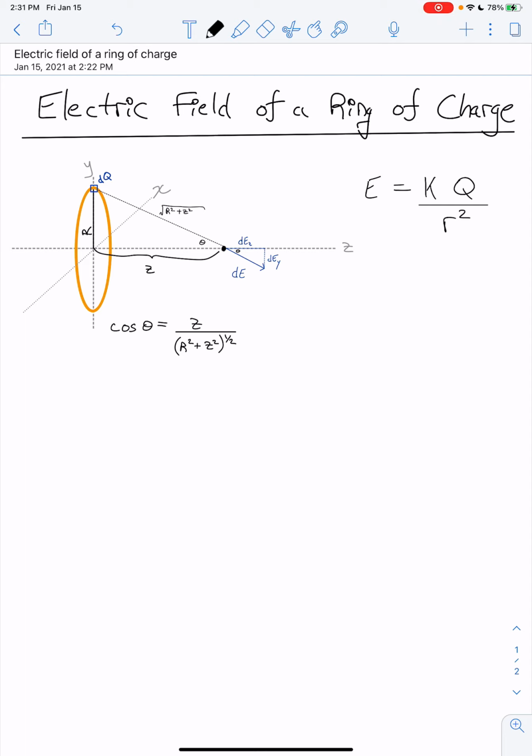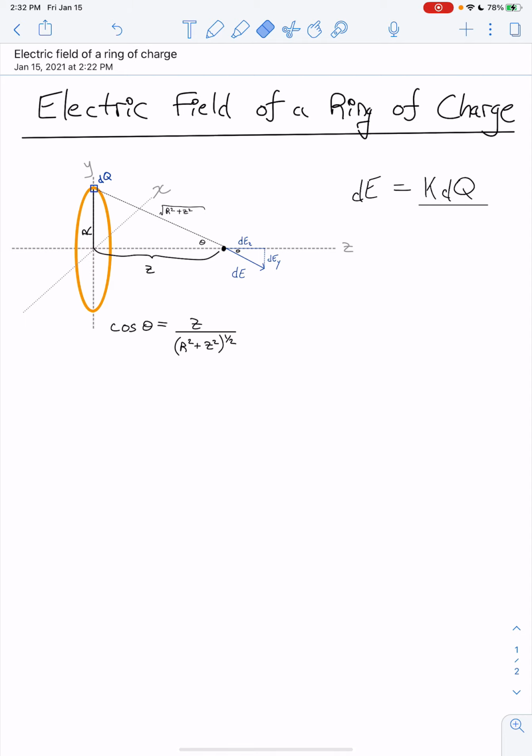That's the electric field caused by some point charge. But in this case, it's a bit different. In this case, we're going to consider the dE, the little component contribution to the overall electric field caused by dq, the little component of the total charge at that location.